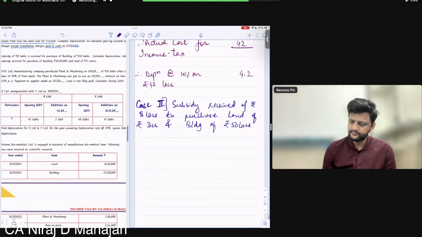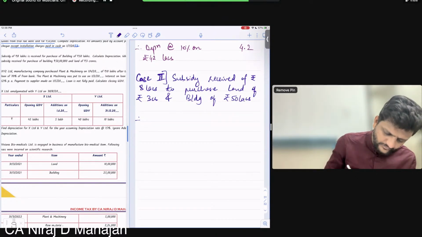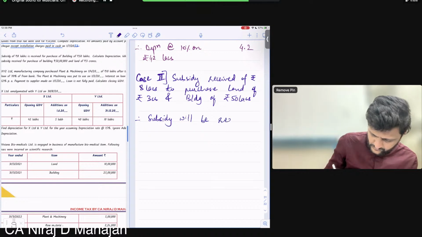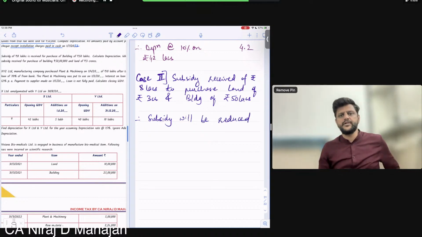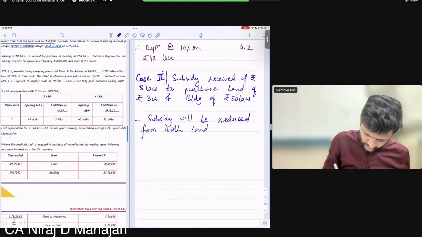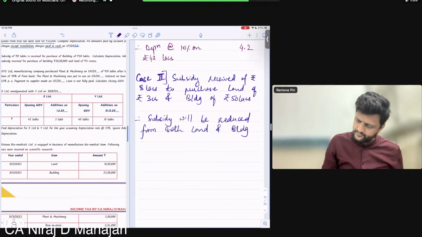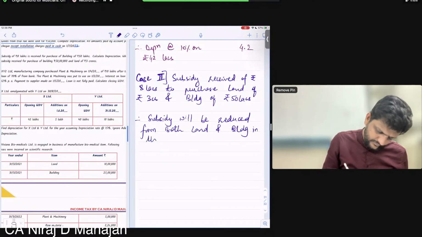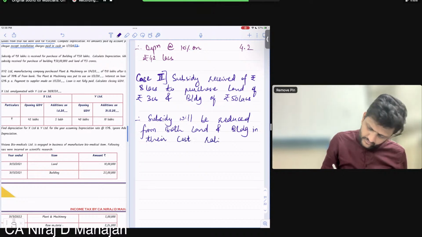Fine. Therefore, subsidy will be reduced from both land and building in their cost ratio. Okay.